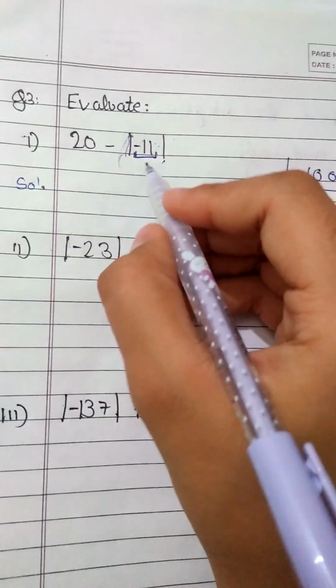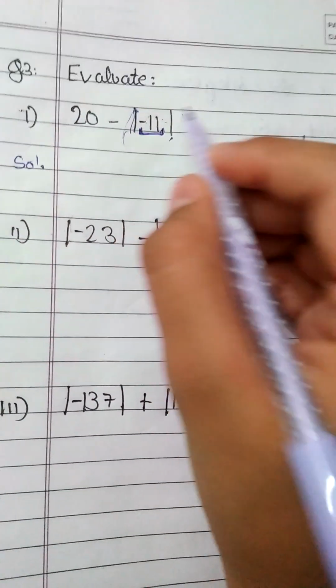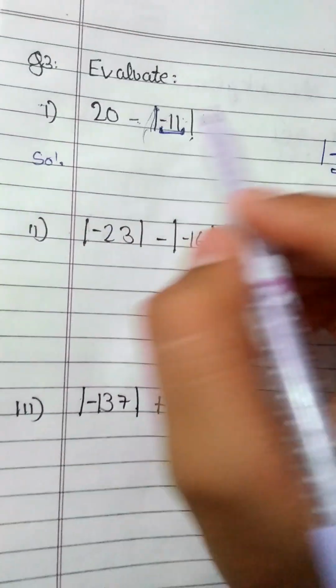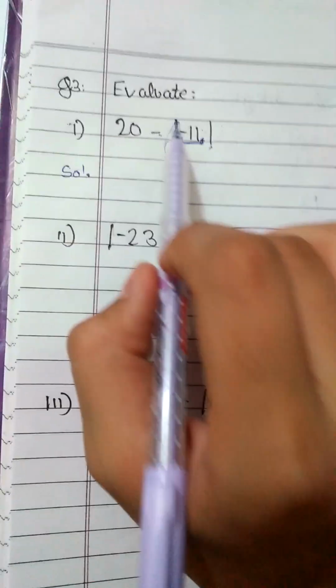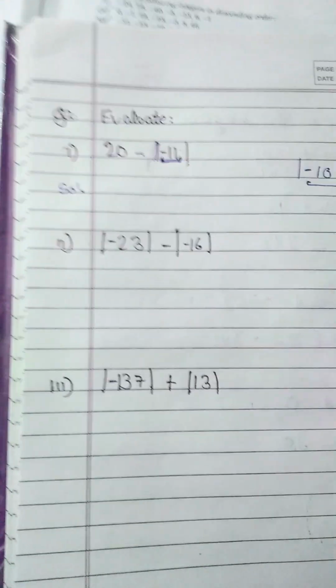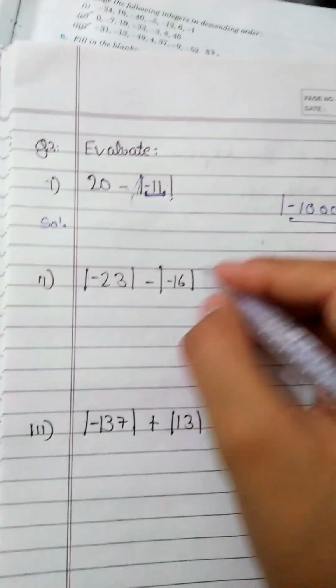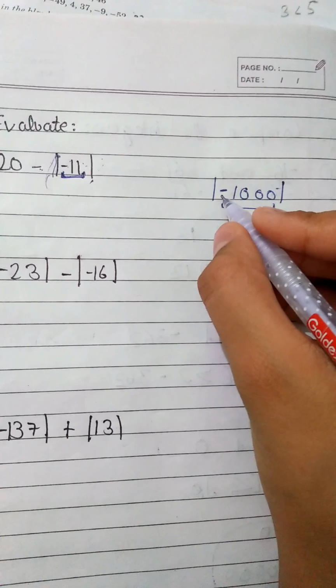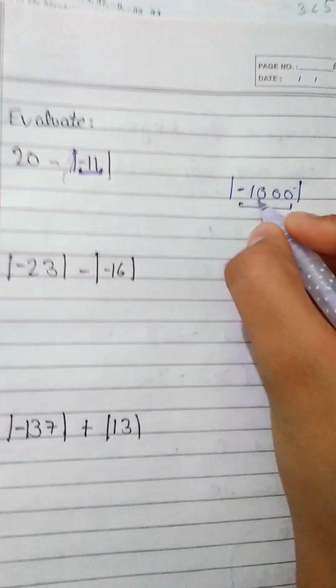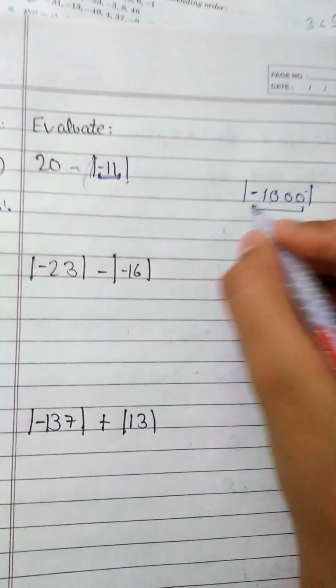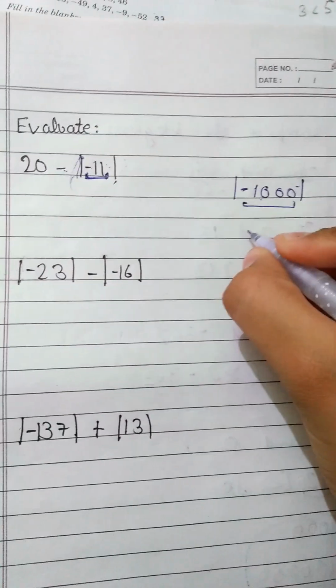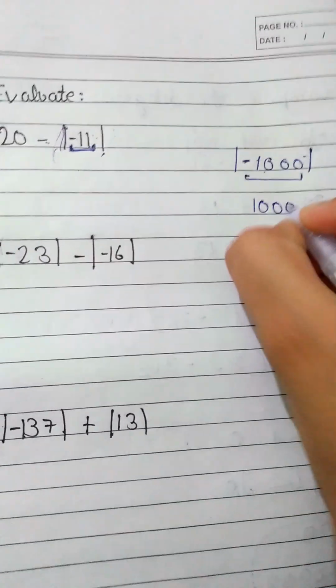So what I taught you: the number that falls between these brackets is called the absolute value, and the brackets are called modulus. Sorry.